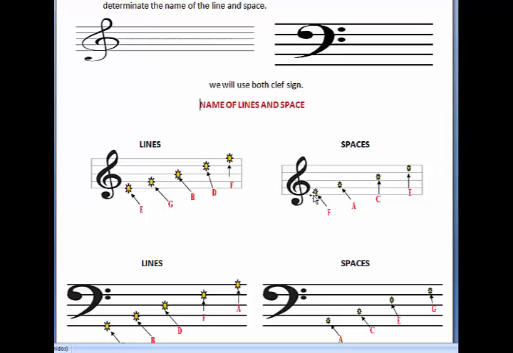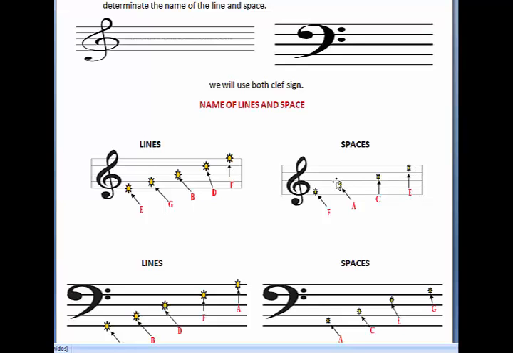The first space is F. The second space is A. The third space is C. And the fourth space is E.